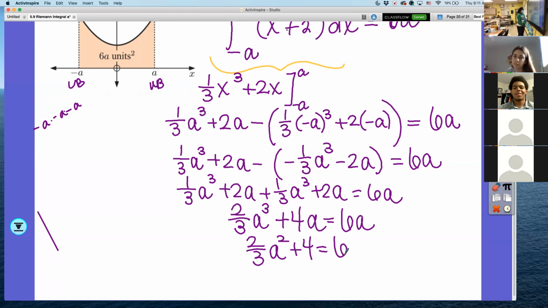Subtract the 4. That's what we should have done first. We could subtract the 4a, can't we? Yeah, that's what I would have done first. Either way, we're still kind of in the same position. If I do that, I'll get 2a on this side.